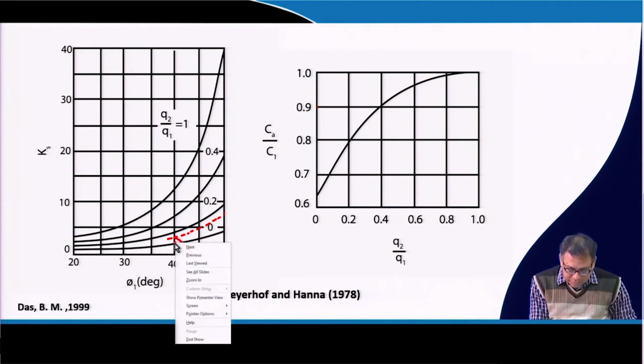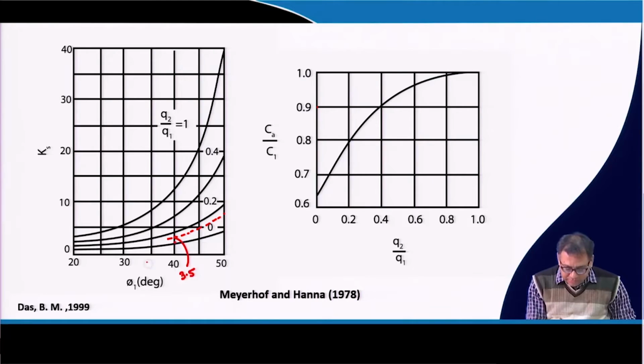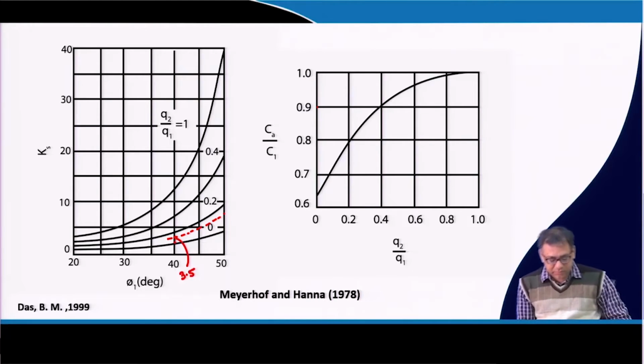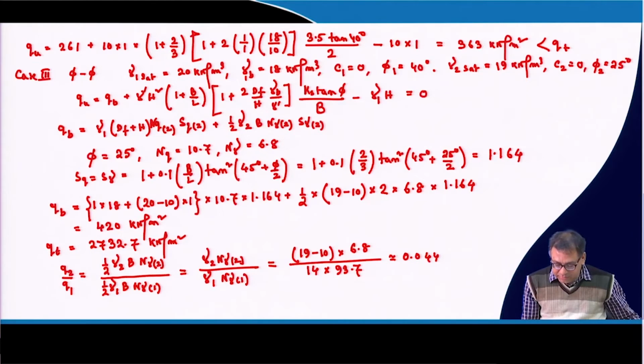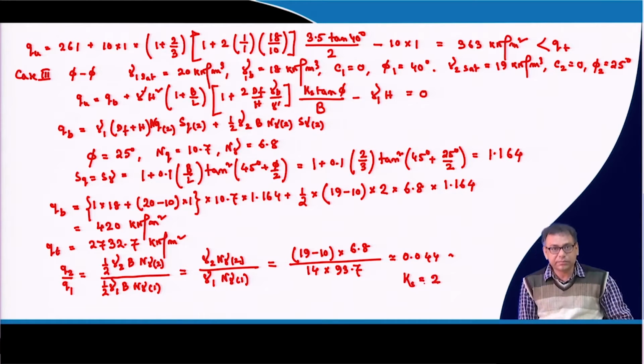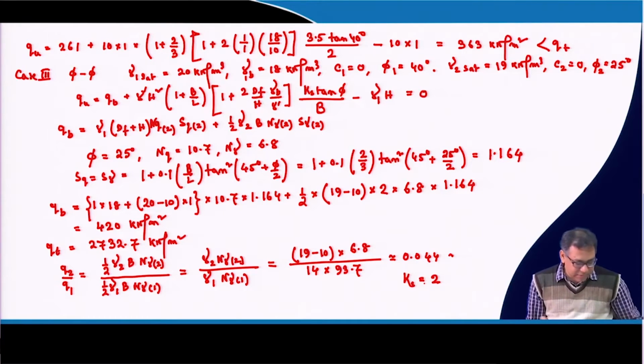So, this value is here and that will be roughly 2. So, K's value will be around 2.